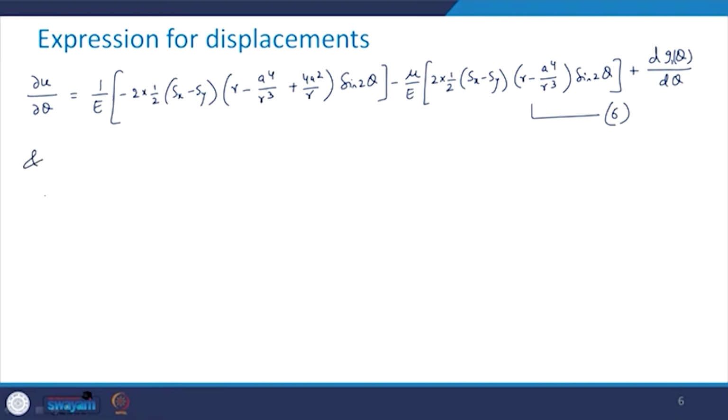And the other equation we have to differentiate with respect to r.